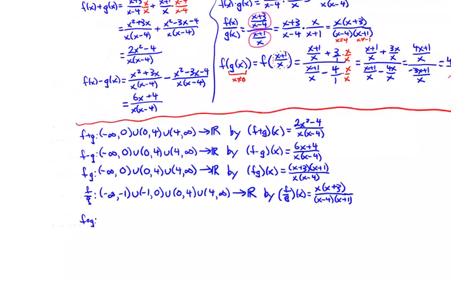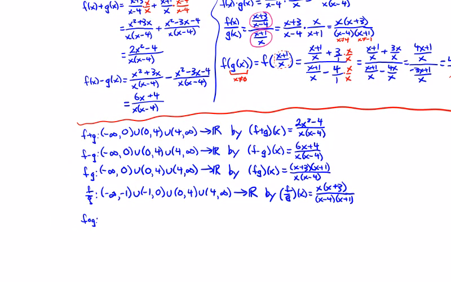So we're going to have two domain restrictions to write this with. So we'll have negative infinity to 0, union 0 to 1/3, union 1/3 to infinity.